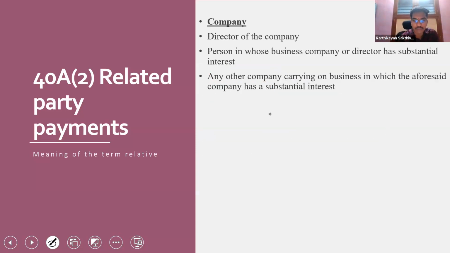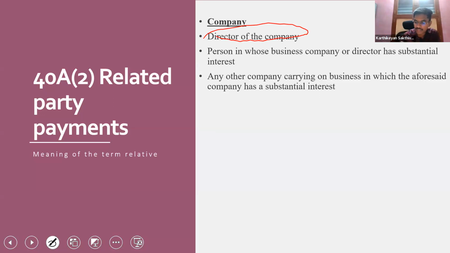Next, in relation to a company, who are related parties? Director is a related party, and a person in whose business the company or director has substantial interest. So assume, for example, I am having a subsidiary company, so in that company obviously I will have an interest, right? Person in whose business company or director has substantial interest.